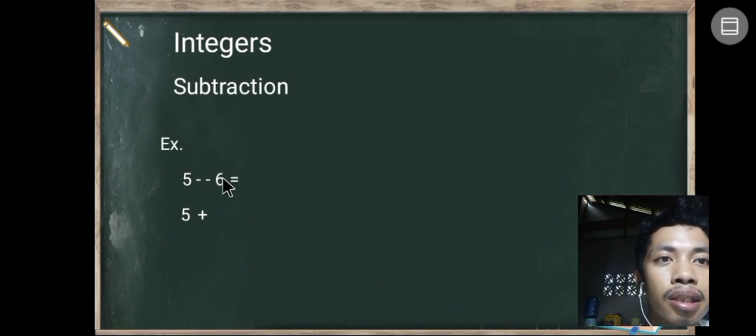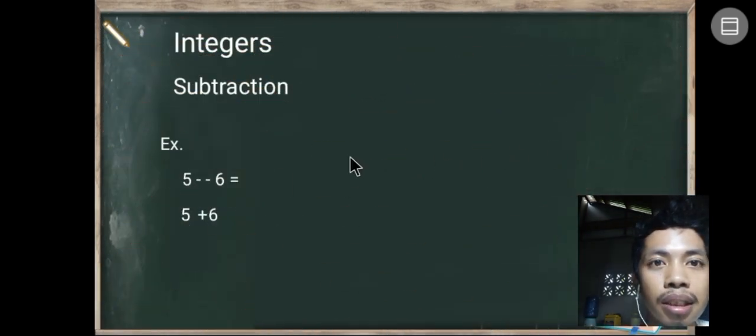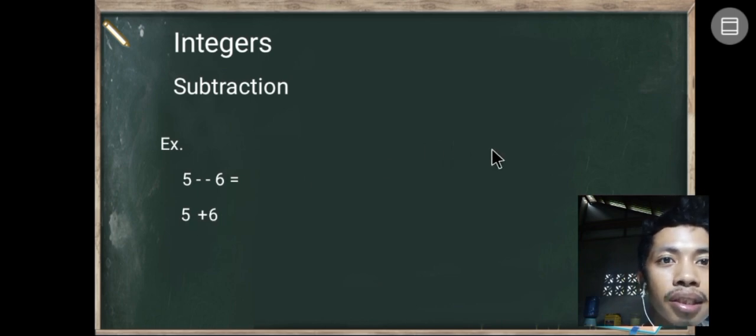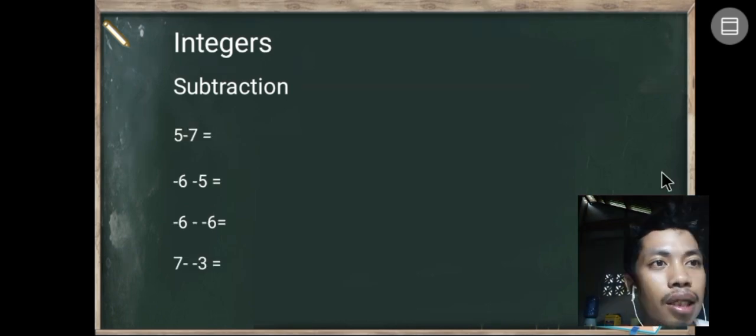That will become positive 6. So our operation right now is negative 5 plus 6. So obviously the answer is positive 11.